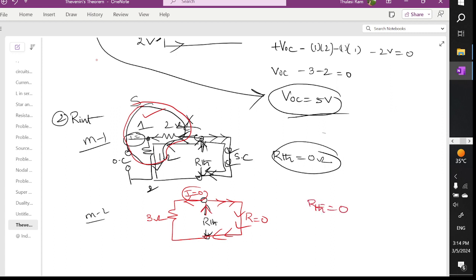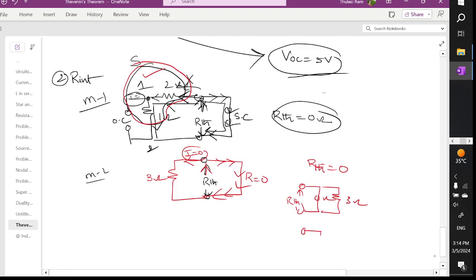Or if you want to do it without any work, one is short circuited, one is 3 ohm, one is 0 ohm. So you require R Thevenin. The third procedure, you also do it. These two are connected, current is entering.